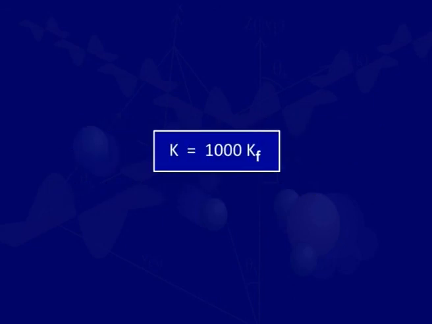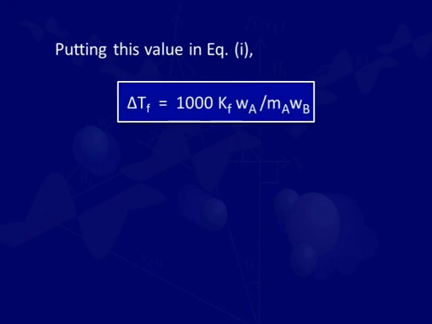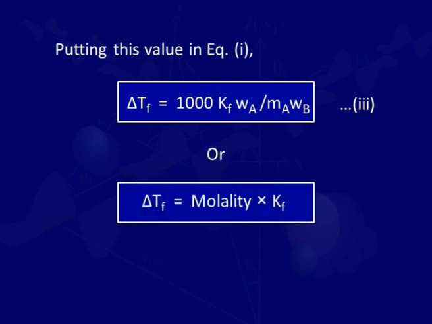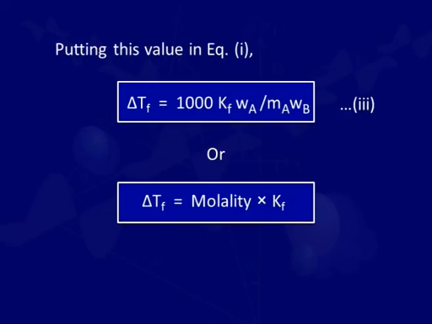Therefore, k is equal to 1000 Kf, and putting this value in equation 1, we get delta Tf equal to 1000 into Kf into Wa upon Ma into Wb, or we can say that delta Tf is equal to molality into Kf, as molality is equal to moles of solute upon kg of solvent, which means molality is equal to Wa into 1000 upon Ma into Wb.